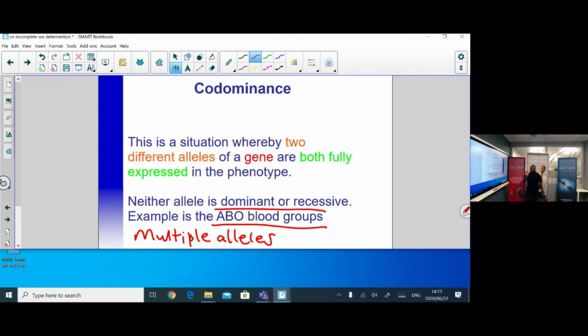We've been looking at only a gene that has two alleles or two variations, the dominant and the recessive. But we do have genes that do not always resemble this. They've got more than two variations or more than two alleles.